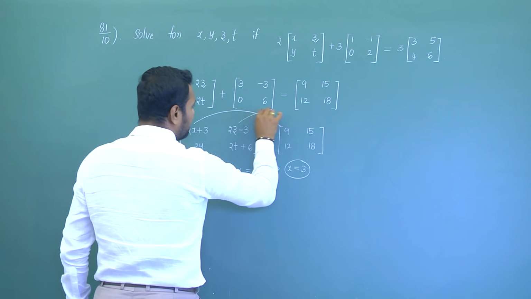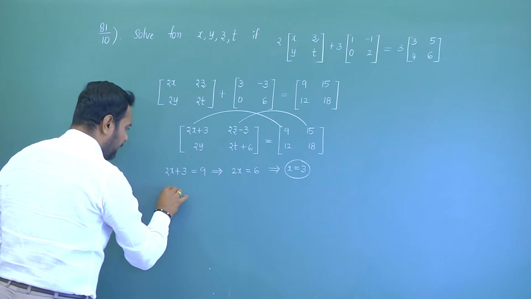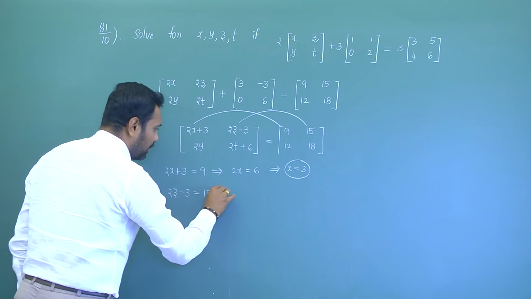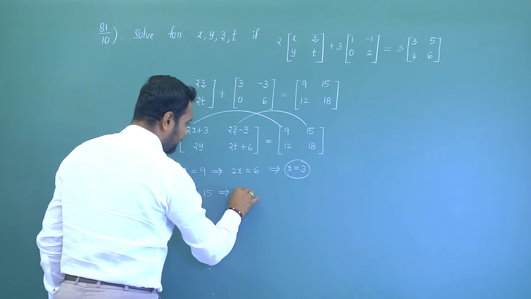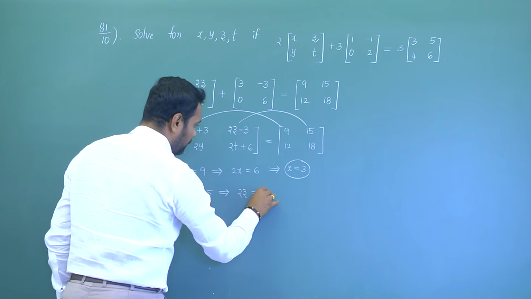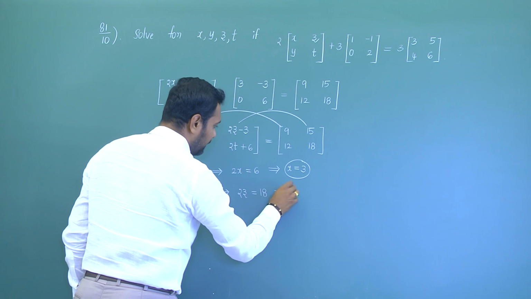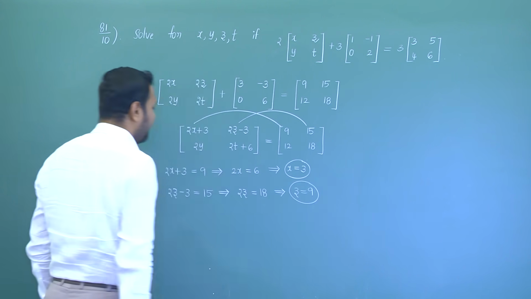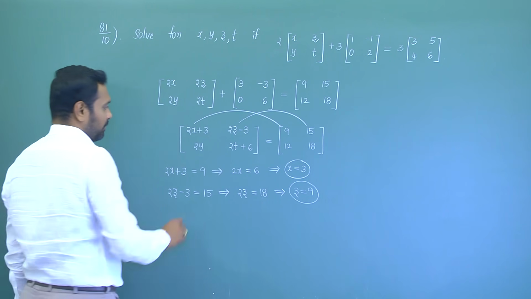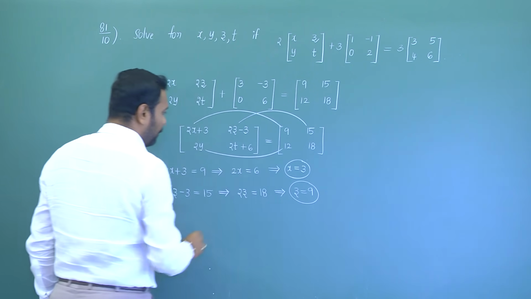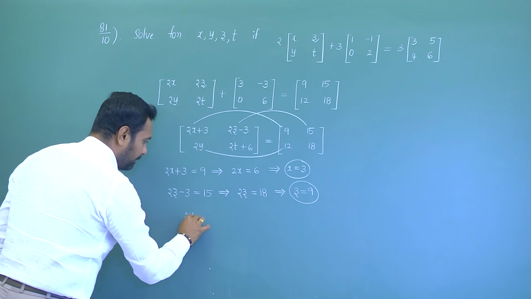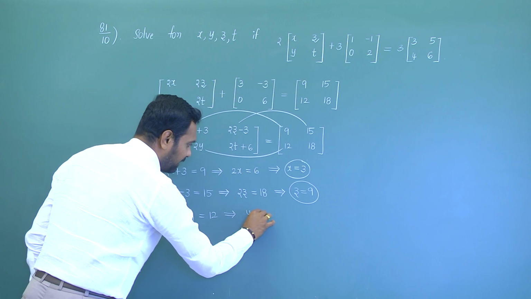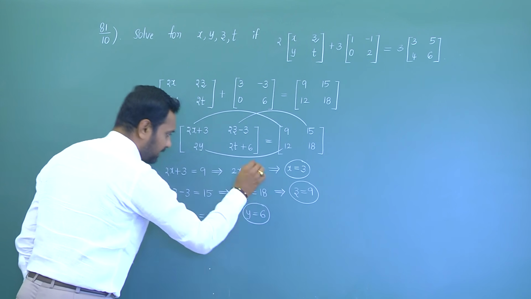If you compare first row, second column element, it is 2z minus 3 equals 15, implies 2z equals 18, implies z equals 9. Second row, first column element, if you compare, 2y equals 12 implies y equals 6.